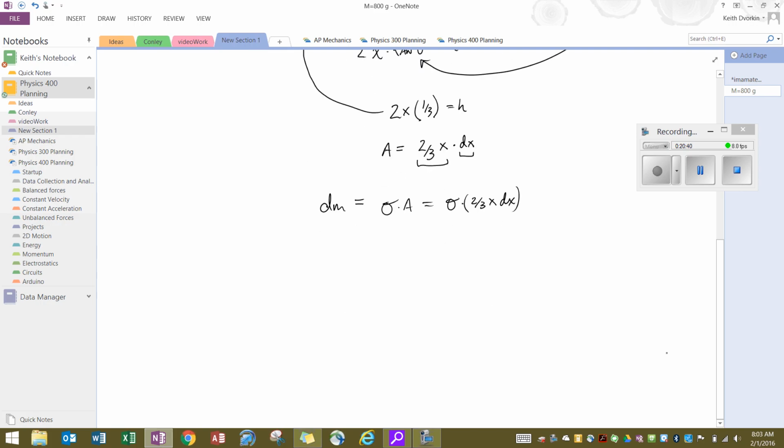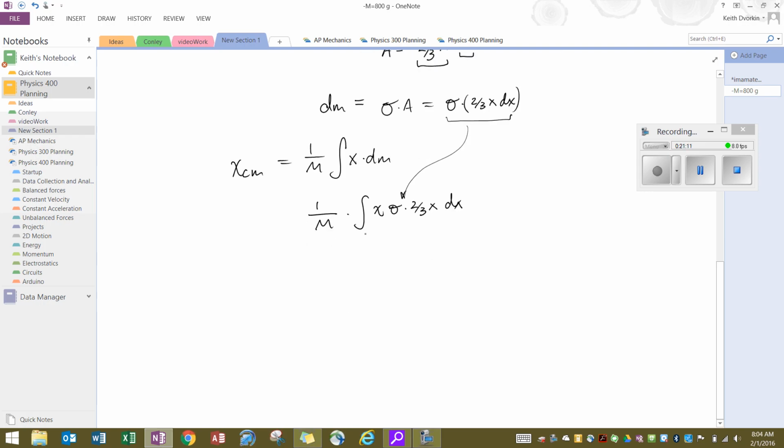And now we can put this into our center of mass integral. X times dm, which is this function. So sigma times 2/3 x dx.